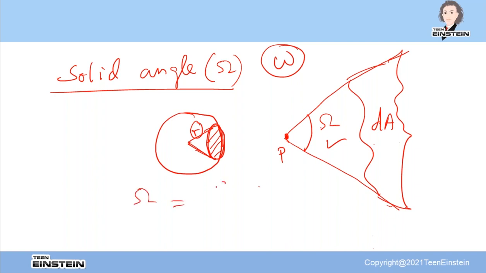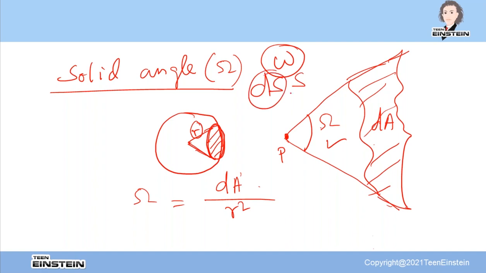Then the solid angle is written as dA, the area which is subtending an angle at this particular point, divided by r square. Sometimes this area will be written as S also. So dS by r square. This is the solid angle. This is the concept of solid angle.